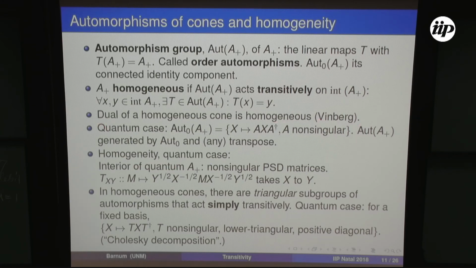Okay, Vinberg showed in the early 60s that the dual of a homogeneous cone is homogeneous. It's nice to know. Another thing that's been shown is that every homogeneous cone can be represented as a slice through some positive semi-definite cone in higher dimension, possibly much higher dimension. You could use the cone of positive semi-definite real symmetric matrices, which is typically what they use.